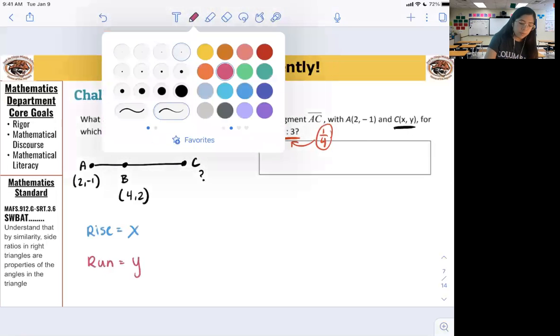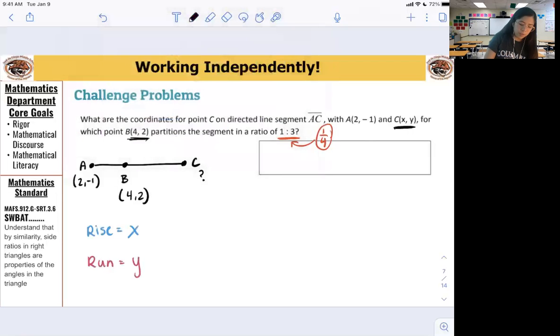Now, usually what do we do next? Usually what would I do with these numbers? Perla has an idea. Okay, what's your idea? This is probably what we're going to end up doing, but I was thinking we can find the measure of the space between A and B. And since that's 1/4, we can multiply whatever we get times 3 to get the other 3/4, and then just add it to B. You're really, really close.